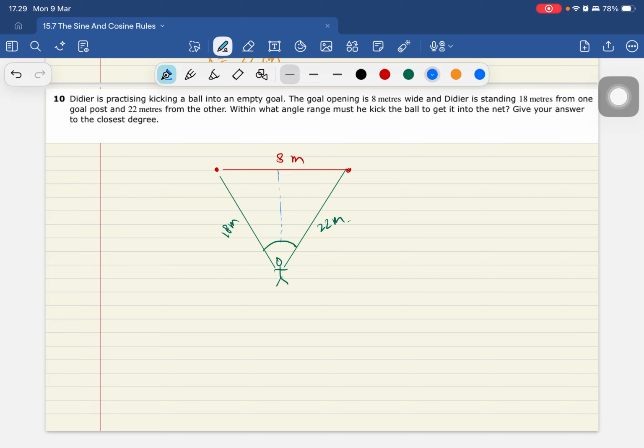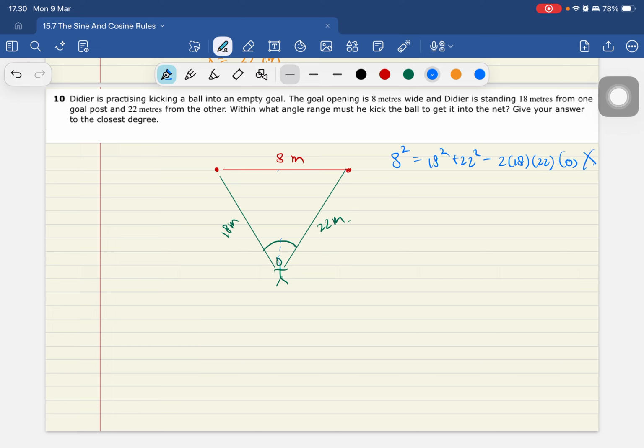If we make it like this, it's going to be easy, you can see. But let's make it with the cosine rule. For the angle here we've got 8 squared equals 18 squared plus 22 squared minus 2 times 18 times 22 cos x.